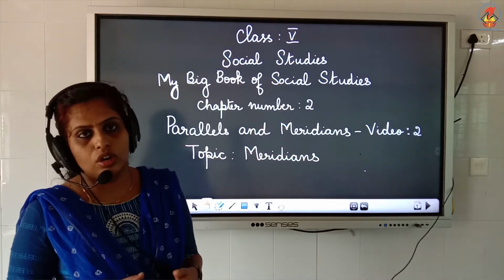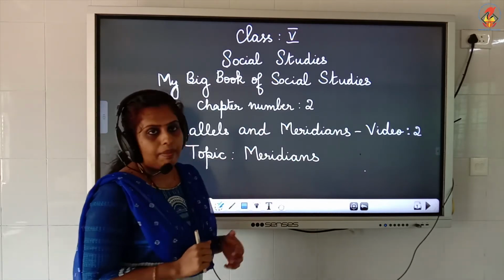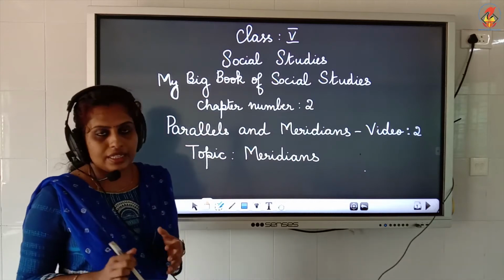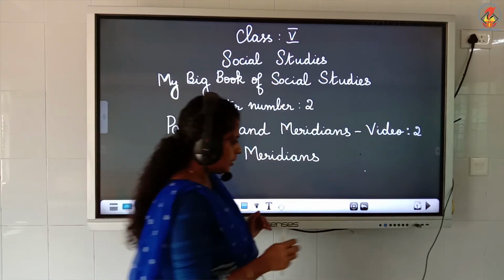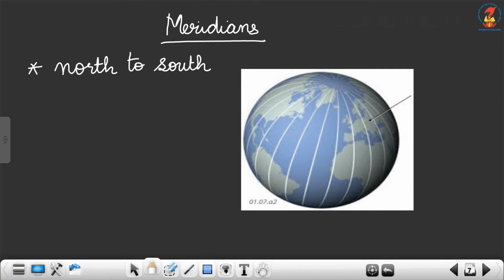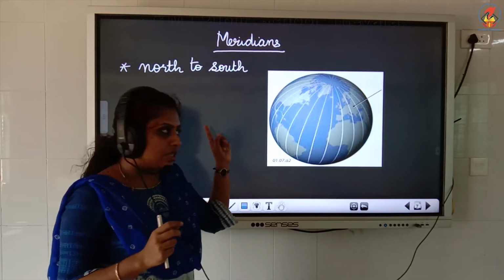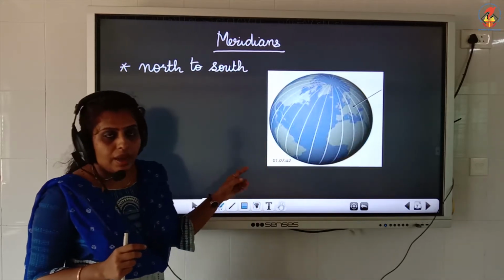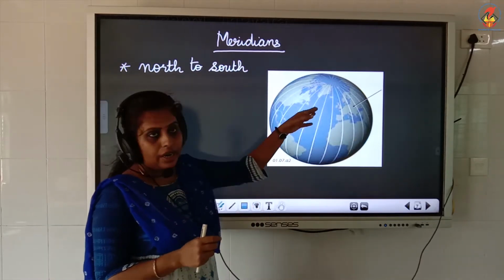Now let's move on to today's topic, that is meridians. Okay, so let's see what meridians are. Meridians are the imaginary lines that run from north to south. You can find the difference of the figures seen here with the parallels. They were running from east to west, but meridians run from where?